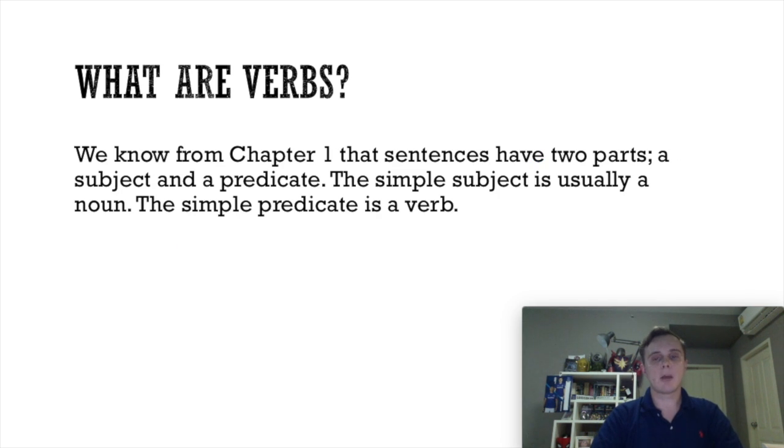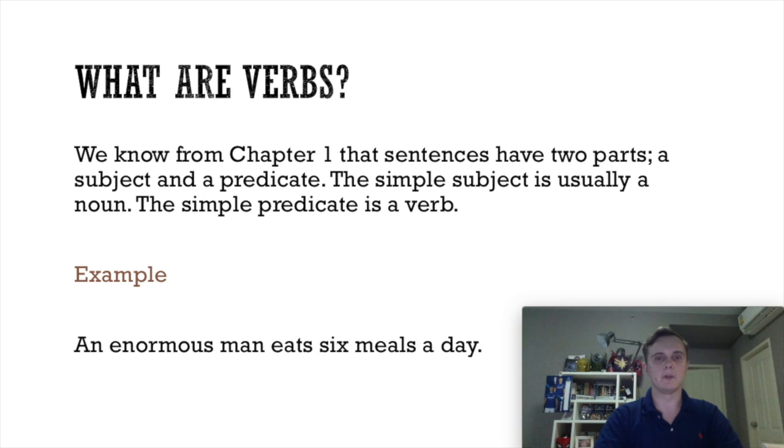We learned in chapter 1 that sentences have two parts, a subject and a predicate. And we also learned that the simple subject is usually a noun. So you should also know that simple predicate is a verb. So let's look at an example. An enormous man eats 6 meals a day.